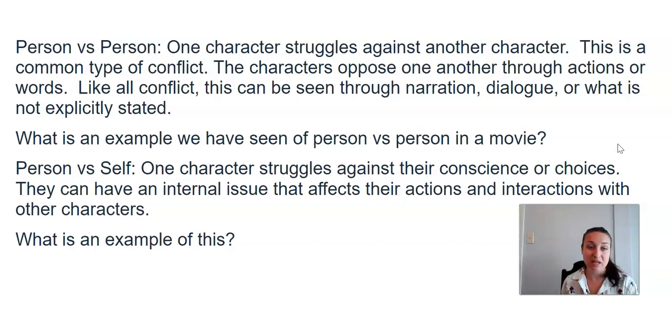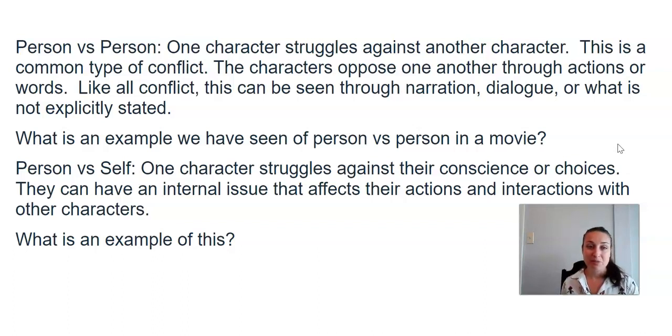And that's one of the big things I'm going to want you to be doing is applying these conflicts to Frankenstein. You want to make sure that you're looking at like specific aspects of person versus person conflicts, right? You don't want to just say Victor Frankenstein versus the creature, right? That's huge. Maybe you want to say person versus person, the creature versus Victor as his father figure, right?